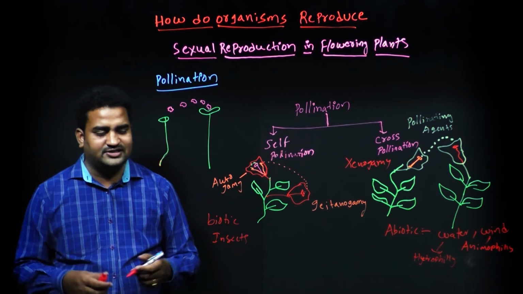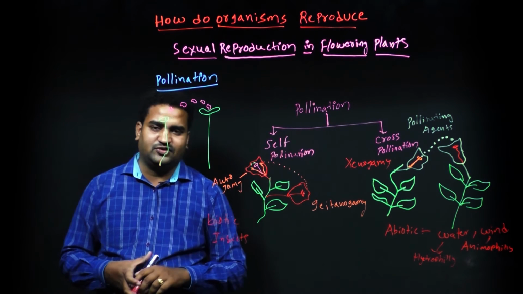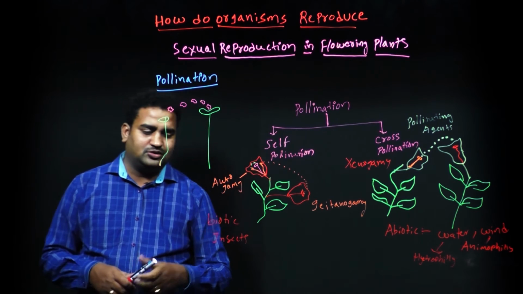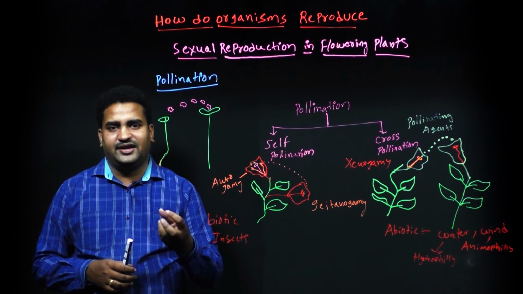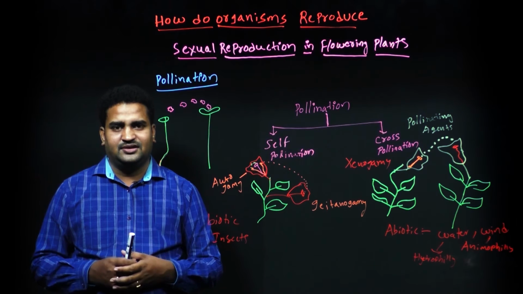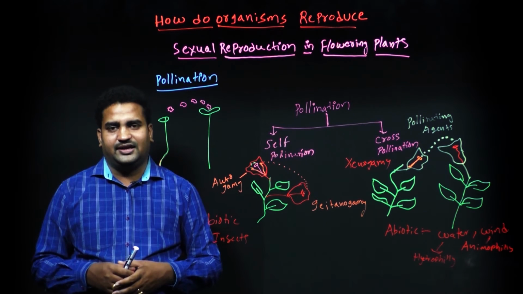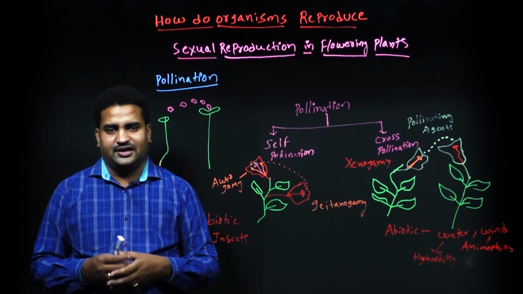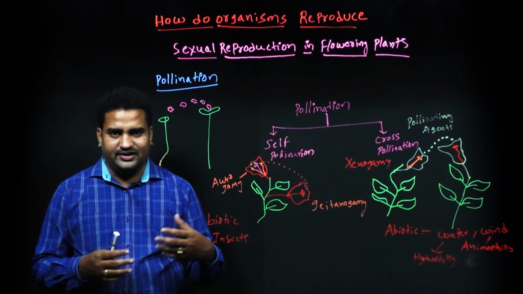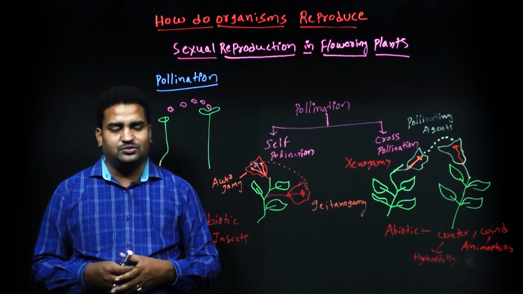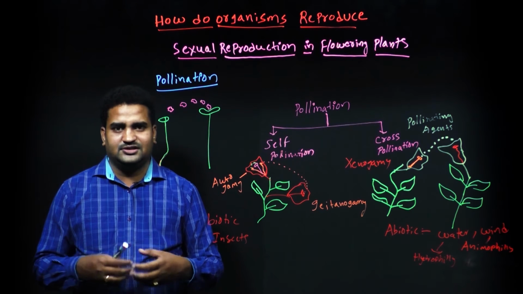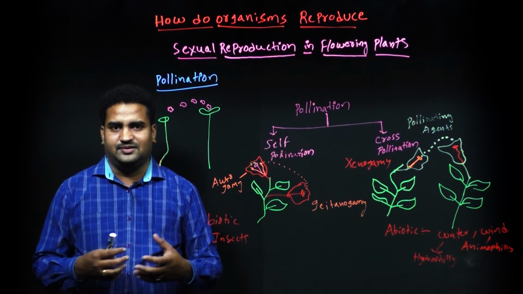Some birds, bats and others also can transfer the pollen grains. So insects get the nectar, sweetness and attracting colors, smell, so that they can land on the flowers and they can transfer the pollen grains from one flower to another flower. So this is all about the pollination.